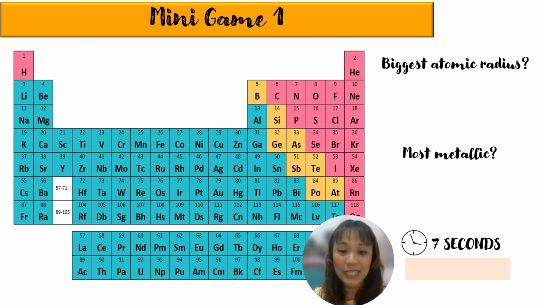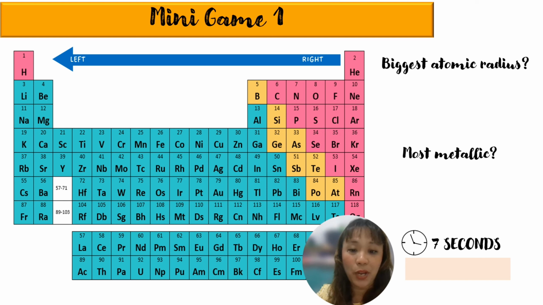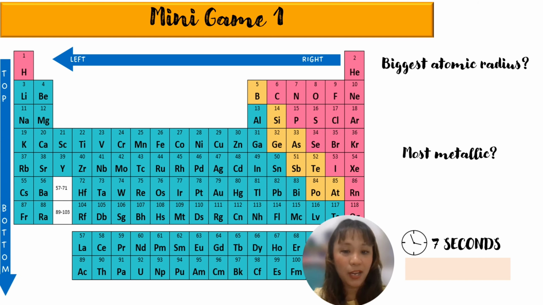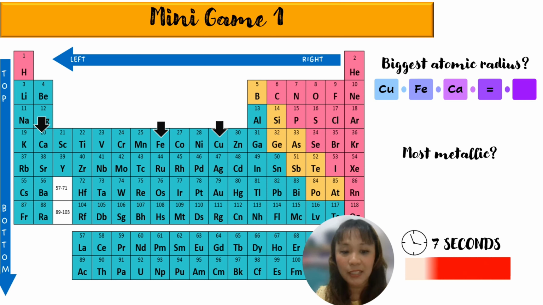You are given 7 seconds to answer each example. Remember first that the atomic radius and metallic property increase from right to left across a period, and from top to bottom down a group. Let's start. 7 seconds starts now. Which between copper, iron, and calcium has the biggest atomic radius?